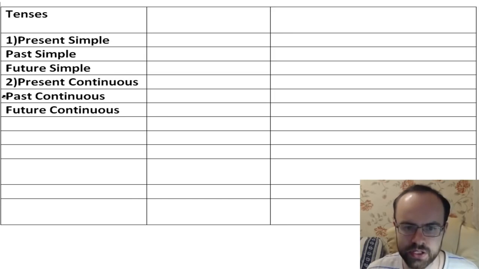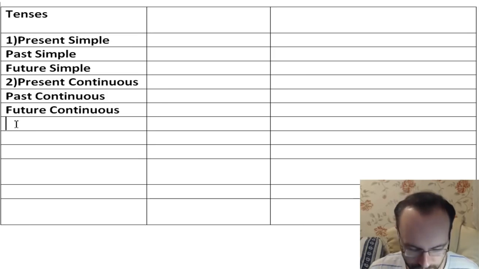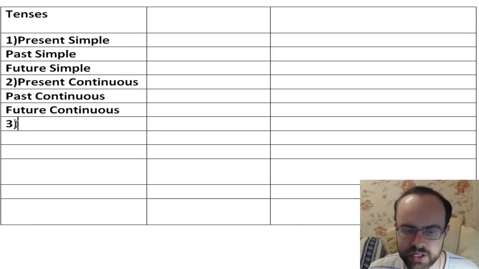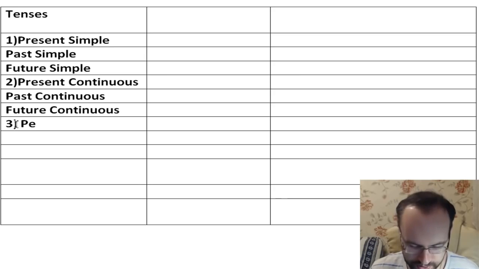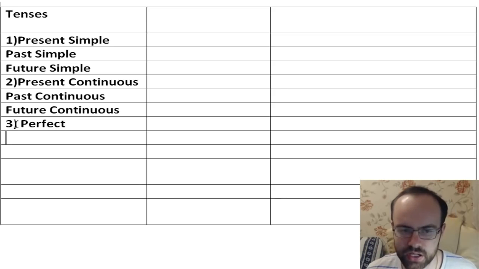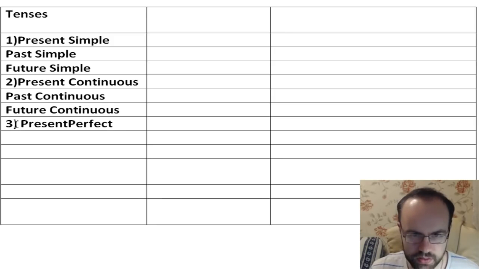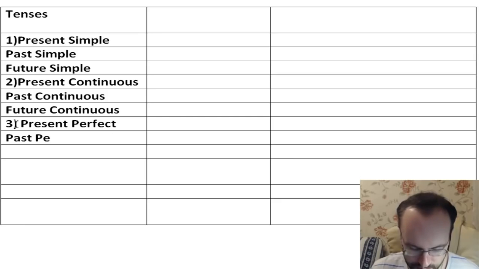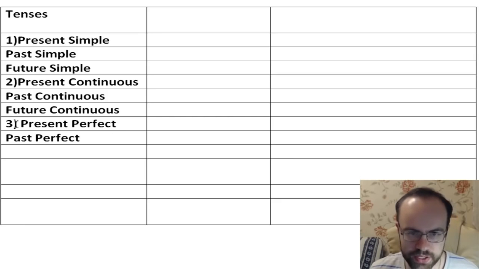The second big group, and the third big group is perfect, and again we say it in present, so you get present perfect, past perfect, and future perfect.